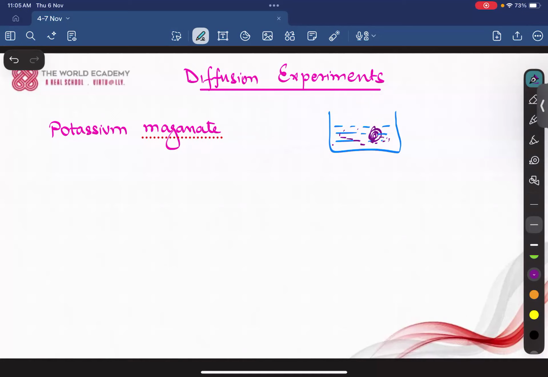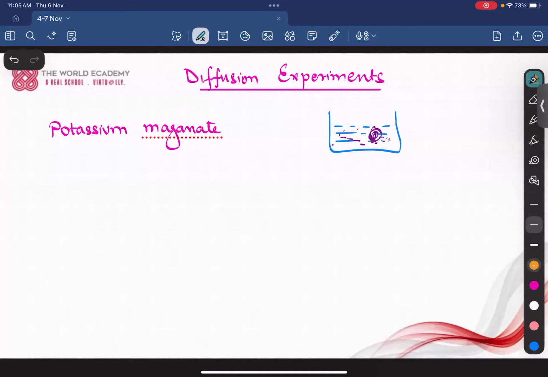Yes. And what we need to understand, there is no water current. There is only kinetic theory, which explains that the particles of the crystal gradually move into the water and mix with the water particles inside the system.